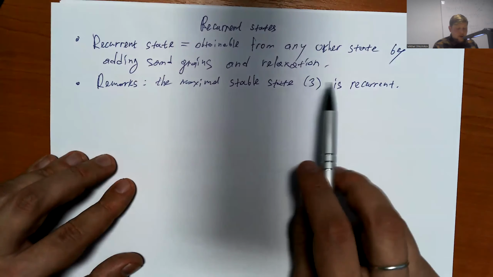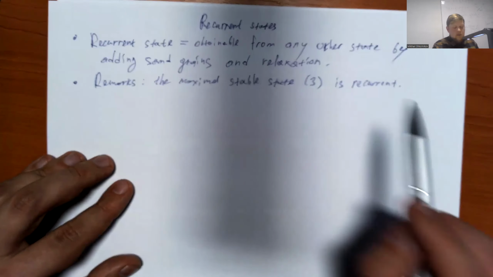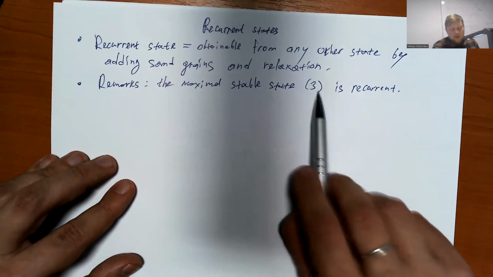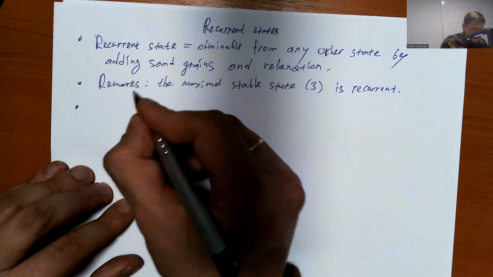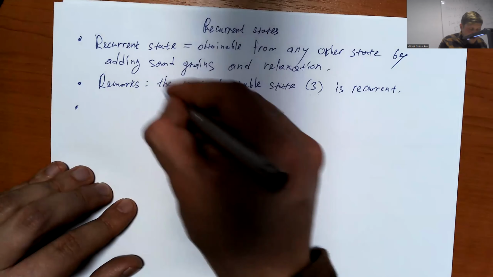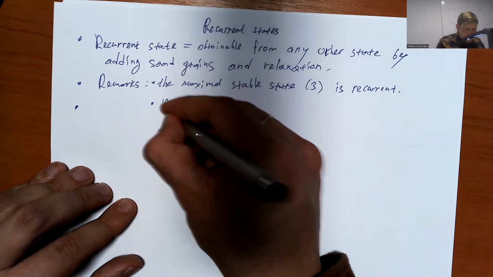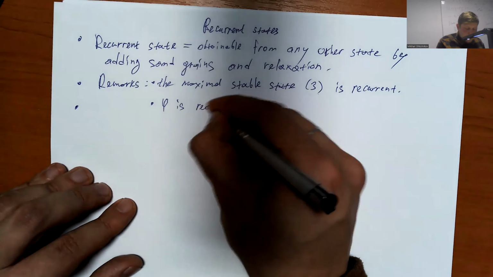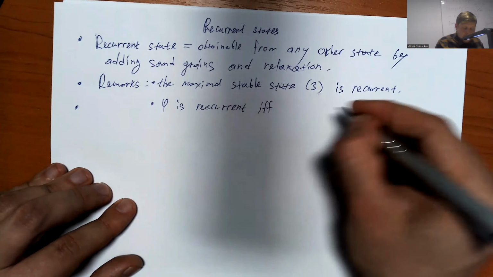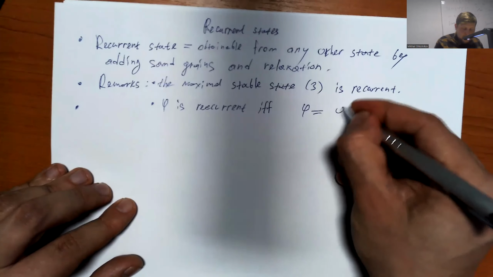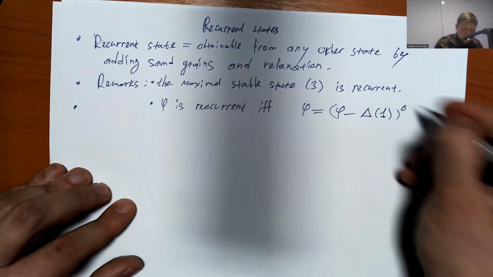And actually, instead of adding sand grains to any other state, you can say that it's obtainable from all three by adding grains. And there is also another thing, there is a test for being recurrent. So phi is recurrent if and only if phi is equal to phi minus Laplacian of 1, and then relaxation.